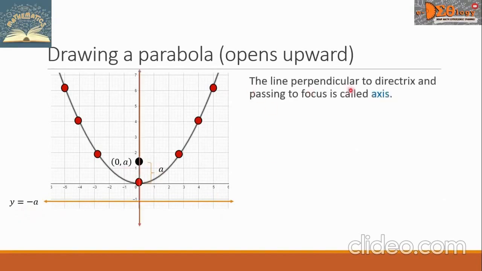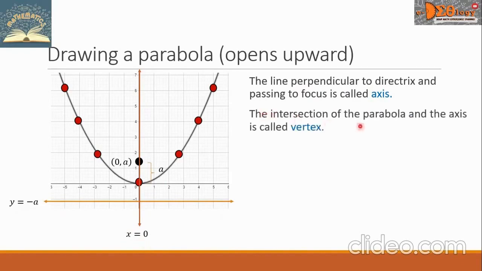The line perpendicular to directrix and passing through focus is called axis. This is the axis. In this example, the axis is the y-axis itself. So the equation of the axis is x equals 0.